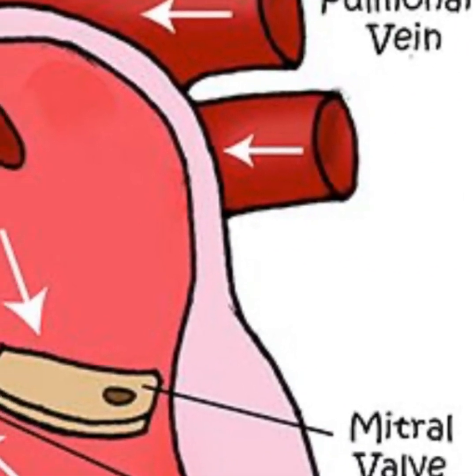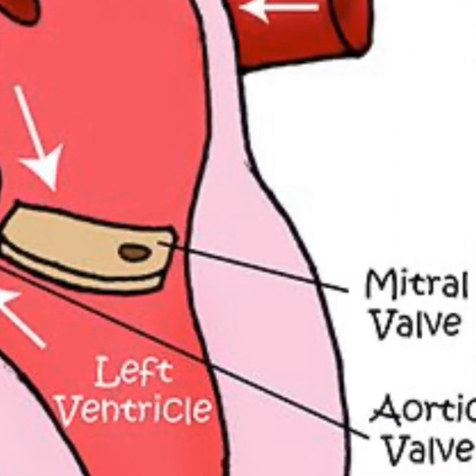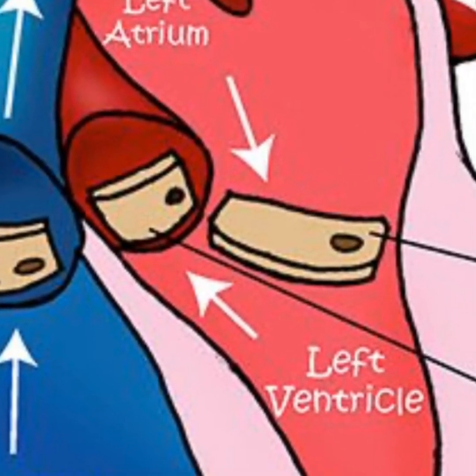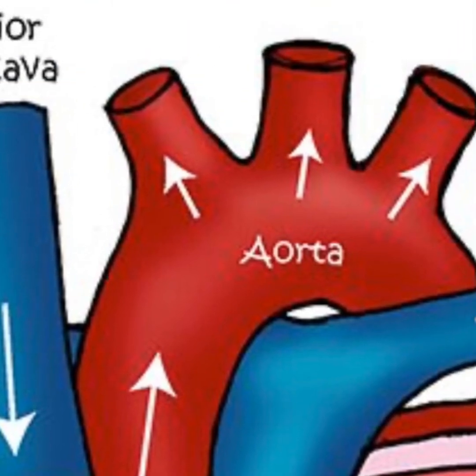Then the mitral valve opens and lets the blood into our left ventricle, and the aortic valve opens and lets the blood flow into our aorta, which sends the oxygenated blood back to our body. That process repeats and repeats like that.